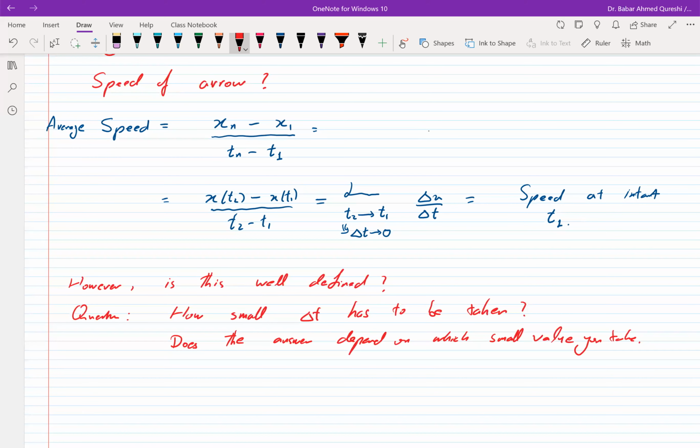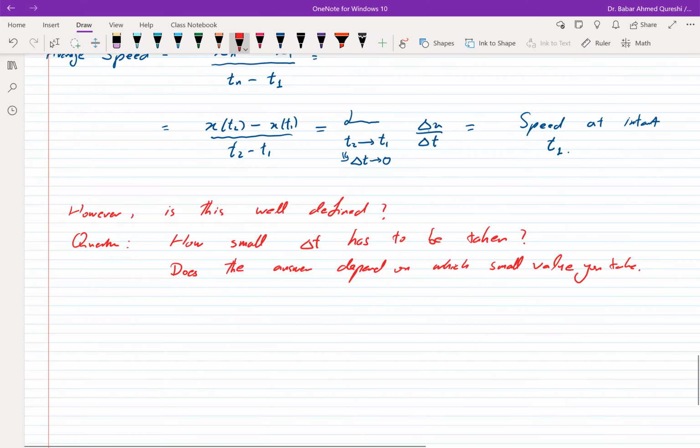So if I take 1 millisecond, you take 0.5 millisecond, and if the answers are different, then I should settle it down. Should I say 1 millisecond over here? But that's a very specific definition of a very specific average speed. It's not something inherent to this definition. I just said the delta t has to be very small. So how small? And does the answer depend on how small a value you take?